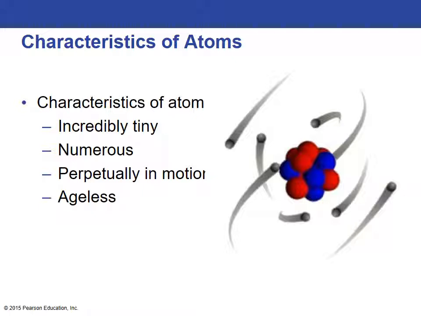The thing to remember about an atom is that they are motion, they are energy. They're very tiny, well smaller than anything that we can see in an image. And the other thing about atoms is that under normal circumstances, they do not change.